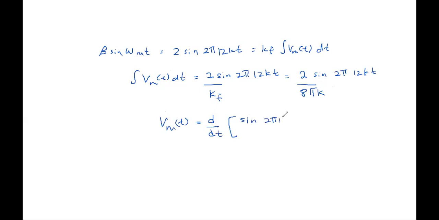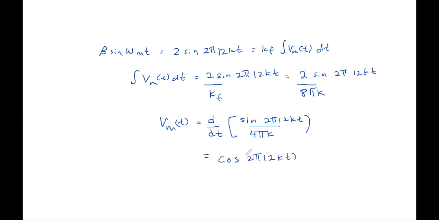So here you will get, if you differentiate sine, you get cos, right? So it's cos 2 pi 12k t.